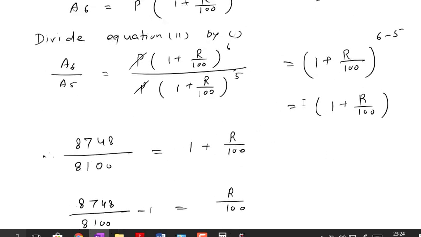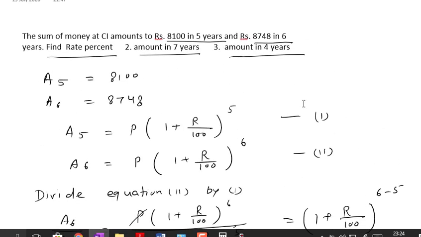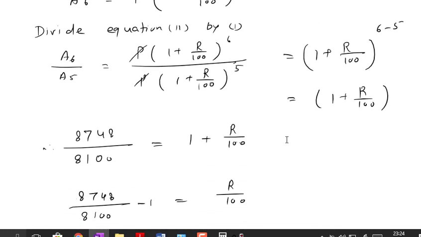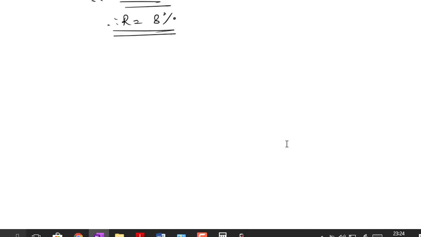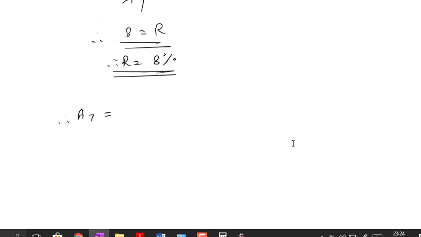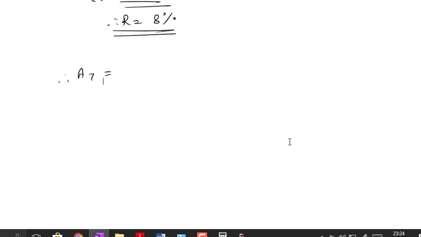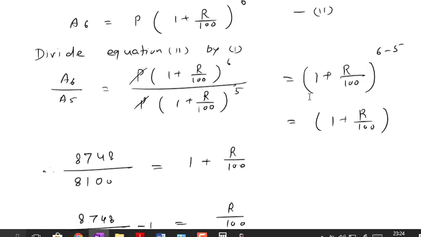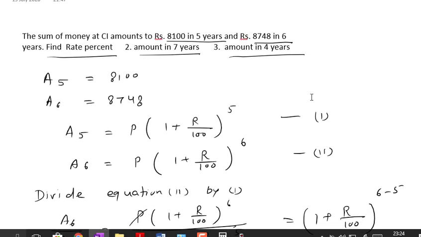Now what do we have to find after getting the rate of interest? We have to find the amount in 7 years. So the amount in 7 years, A7, I have to find out. The formula for the amount in 7 years is P into, so for that we need P also. For P, what will we do? We choose any of the equations and find its value, or else the amount after 6 years is given.